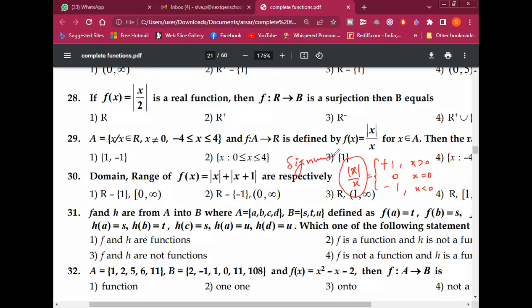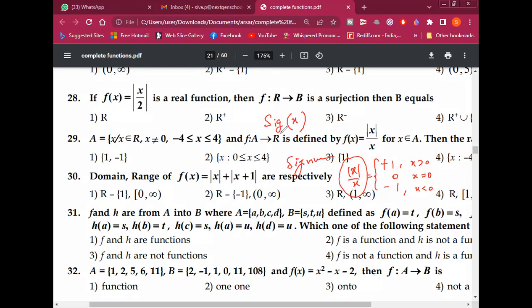It is simply written as sig x. Anywhere you find sig x, you can recall the definition: signum of x is mod x by x, which is +1, -1 or 0.